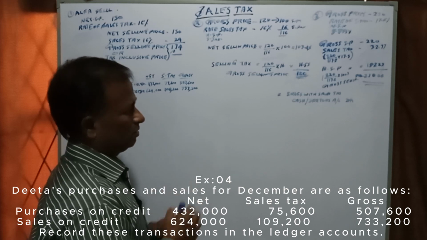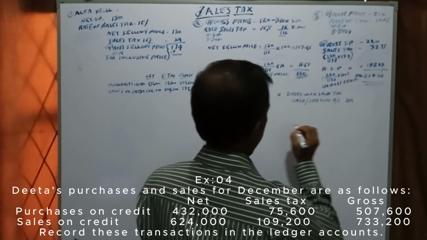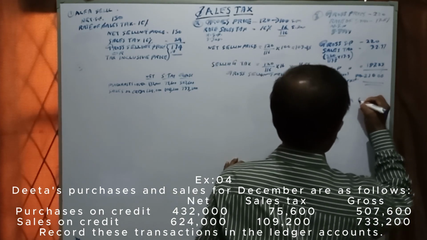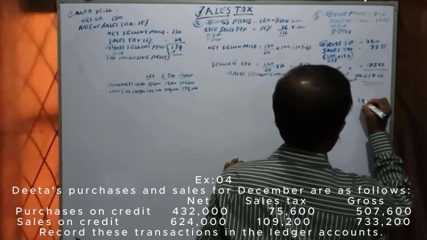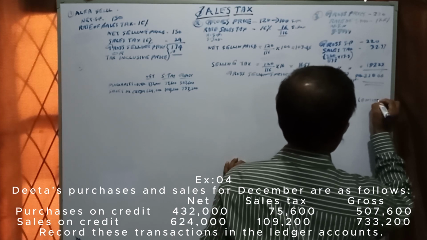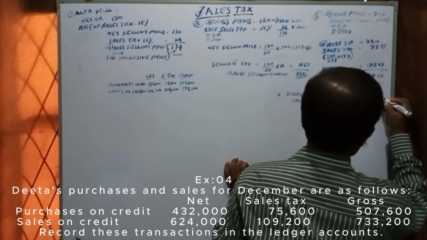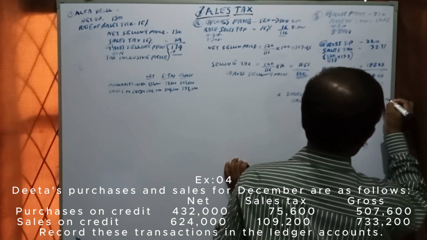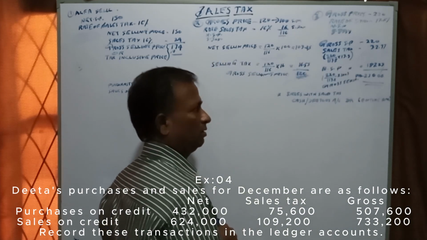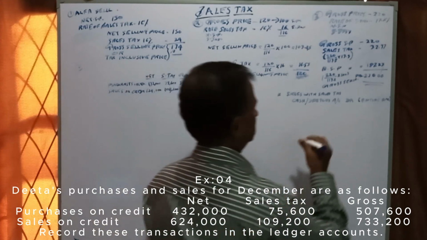The full amount, right, this contains the entire amount. Entire amount, debit, right? Where do you do the credit? Sales.